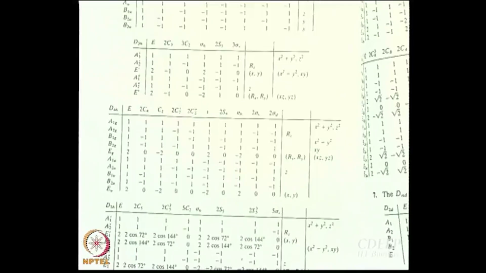So far I have 2 sigma 1 plus sigma 2 plus 2 sigma 3 plus sigma 4. Then C2 double dash gives sigma 2 and sigma 4, so write plus sigma 2 plus sigma 4.